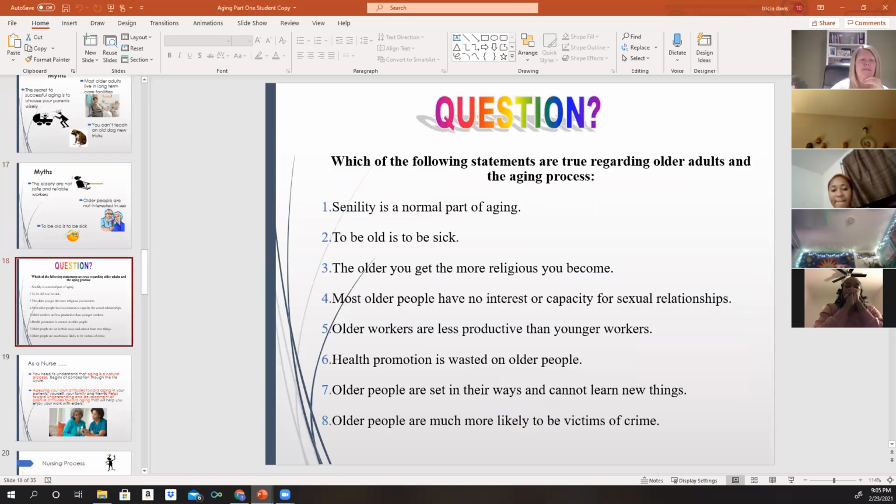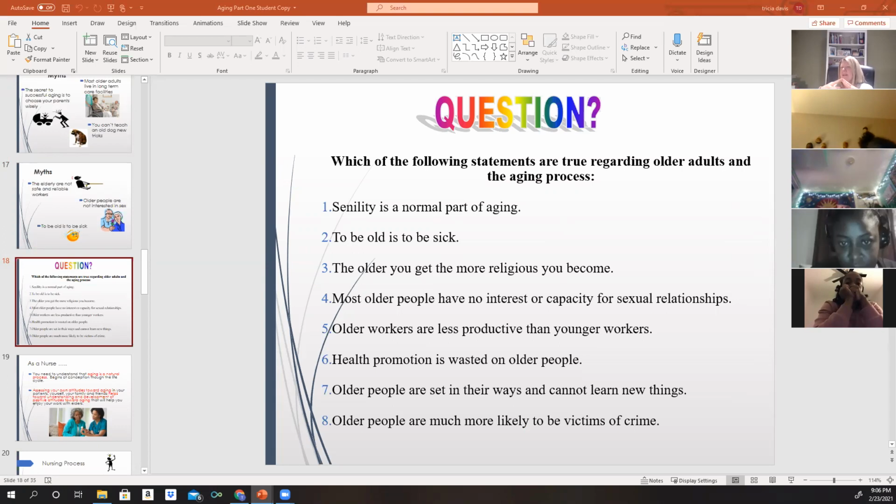Which of the following statements are true regarding older adults and the aging process? Senility is a normal part of aging. False. Very good. To be old is to be sick.